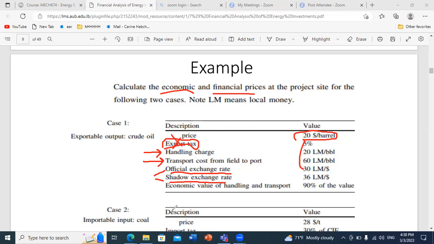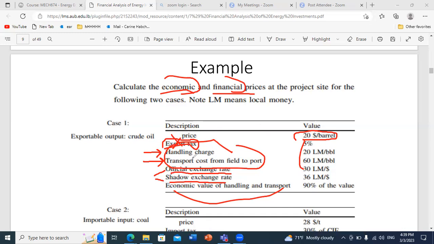And what do we mean by the economic value of handling and transport? The charges of handling and transport will be higher in the financial approach than in the economic approach. Why? Because any benefit to the society will not be considered in the economic analysis. For example, in a country, when you pay the handling charge or the transport cost from field to port, you pay a certain price to the people who will do this task.